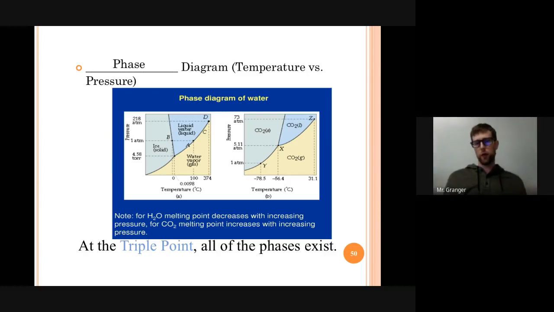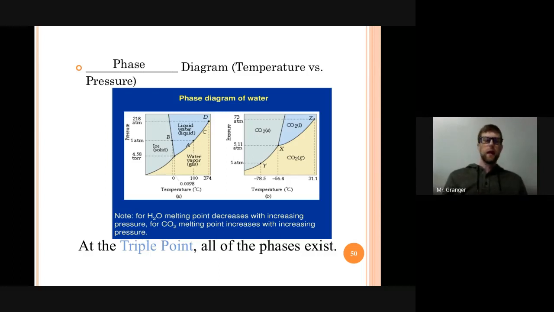There's a number of other units which we'll talk about when we get into gas laws, but just note that the ATM is representing atmospheres of pressure, which is how much pressure in the atmosphere is pushing down on you. On the x-axis, going across the bottom of both of these phase diagrams, you have temperature in Celsius. Okay, so you have the little degree C symbol to represent the temperature in Celsius.